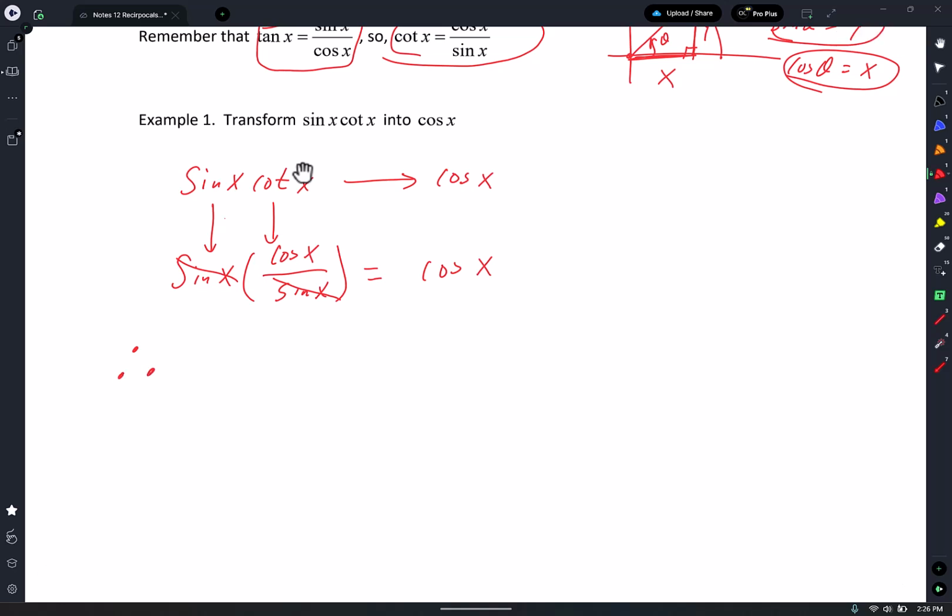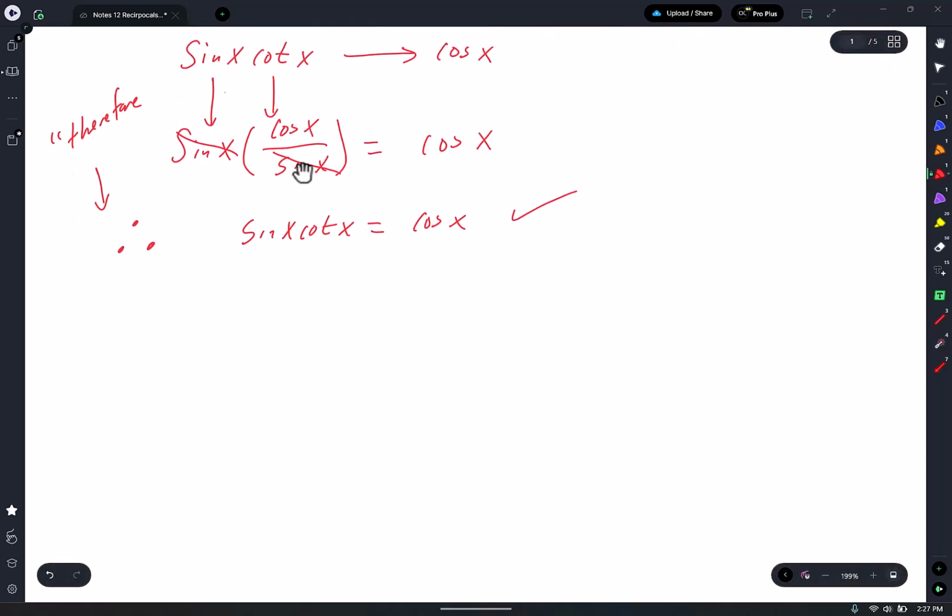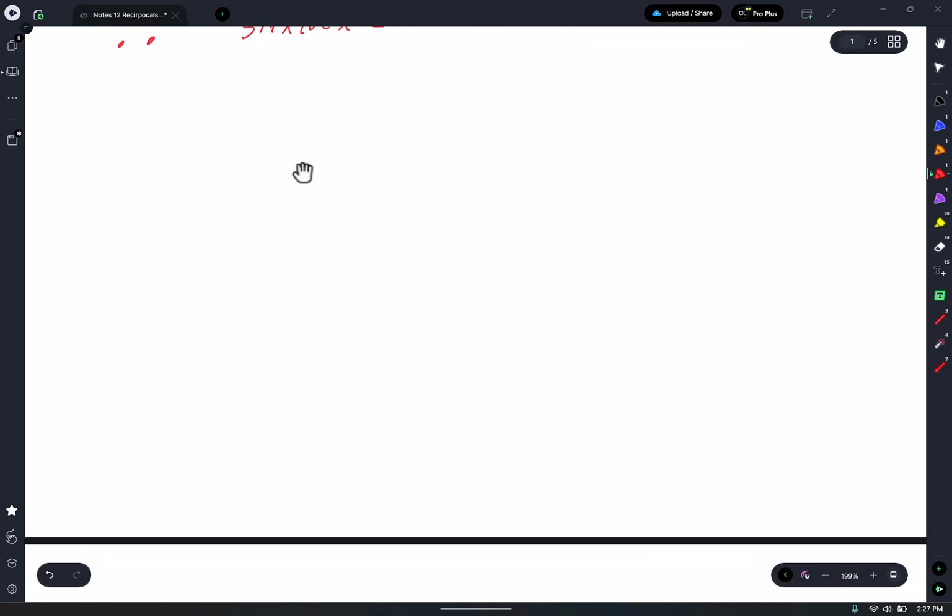That stands for, quote unquote, therefore. And then you just say, therefore, sine x cotangent x does in fact equal cosine x, check mark. How do you feel? Not bad, right? That's it. You're done. You know all of it now. Well, kind of. How do we feel?